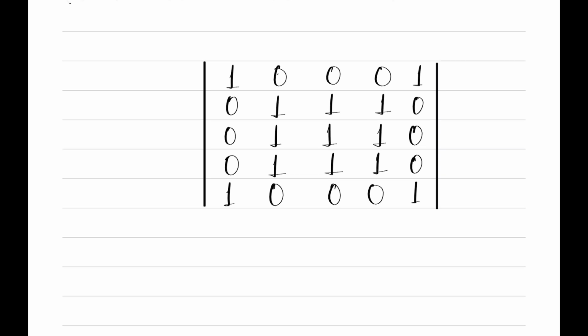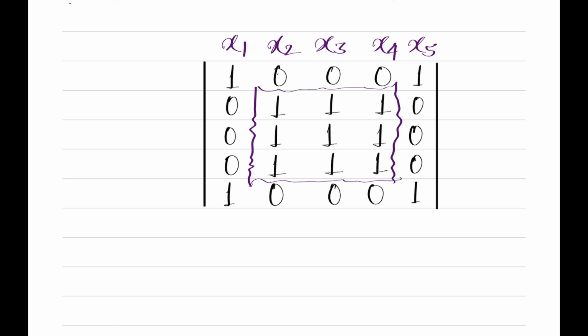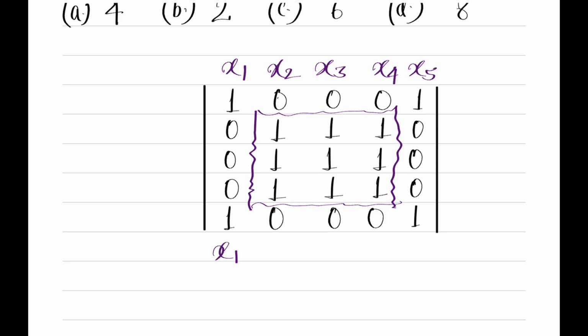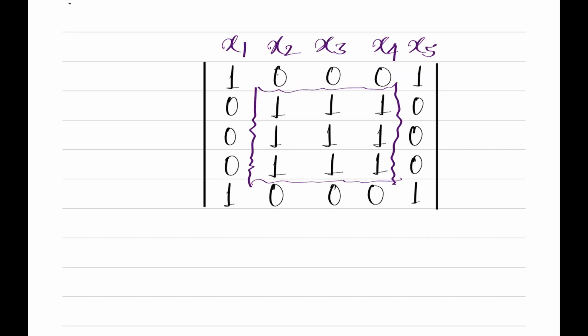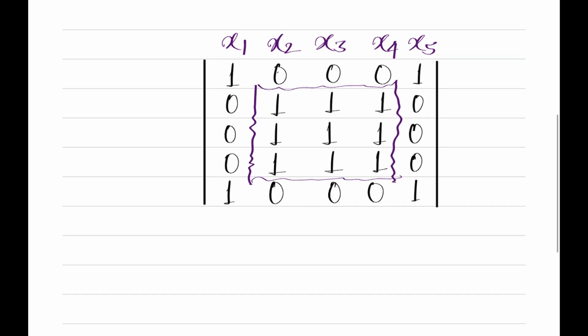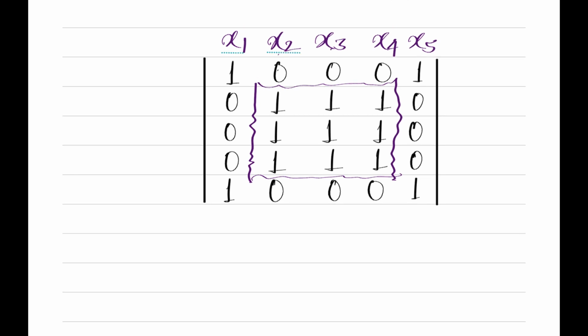For our clear understanding, we will take the vector as x1, x2, x3, x4, x5. Now we can clearly see these entries are easier to separate, as x1 and x5 are similar, so we will write x1 and x5 in one equation, and x2, x3 and x4 look similar, so we will write x2, x3, x4 in another equation.